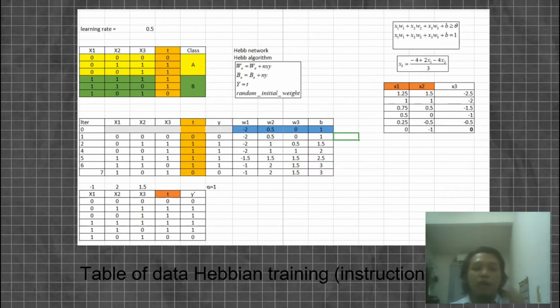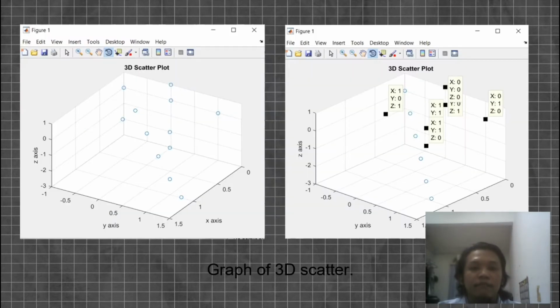Next, I will talk about the table of data for Hebbian training. From the instruction given, we use Microsoft Excel to get this table, but before we use Microsoft Excel, we have to use MATLAB so that we can get a 3D graph from it, so that we don't insert any error value or get any wrong answer from Microsoft Excel.